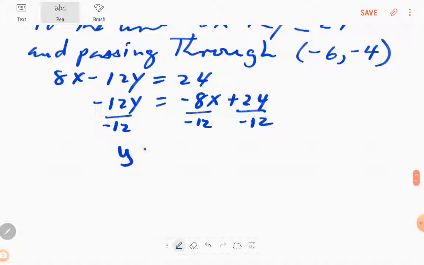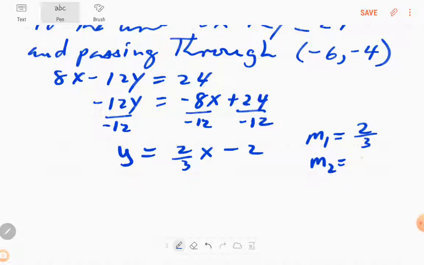So we get y equal to 2/3 x minus 2. So the slope of the first line is 2/3. We wish to get a line that's perpendicular to it. So the slope of the perpendicular line would be the negative reciprocal, so minus 3 over 2. We'll call this one x1 and y1.